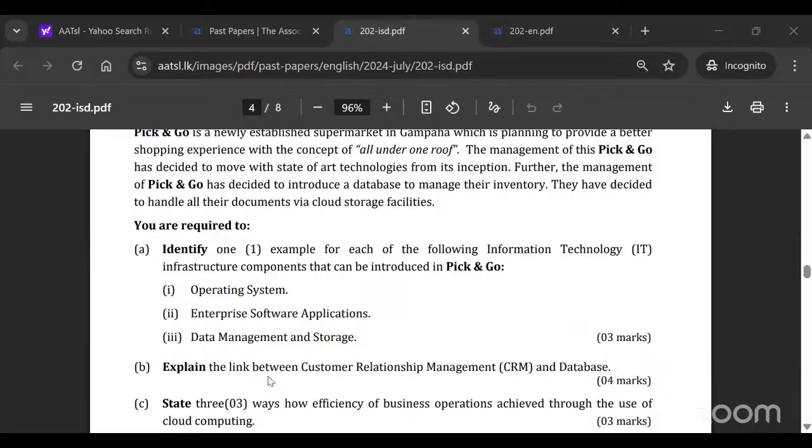A CRM system and a database are closely linked, as a CRM system relies on a database to store, manage and retrieve customer-related data. A CRM system is designed to manage interactions with customers, track customer preferences, maintain detailed customer profiles, and enhance customer service.